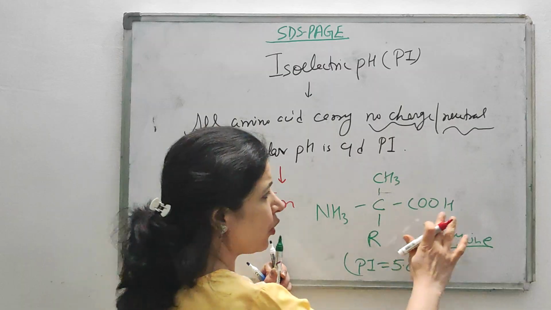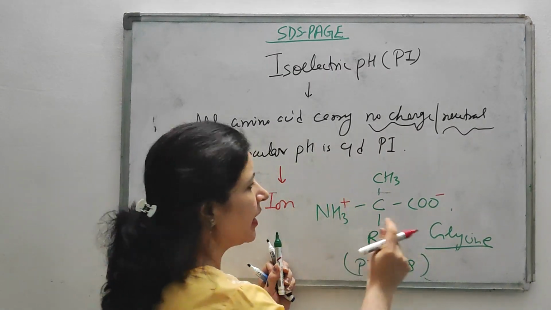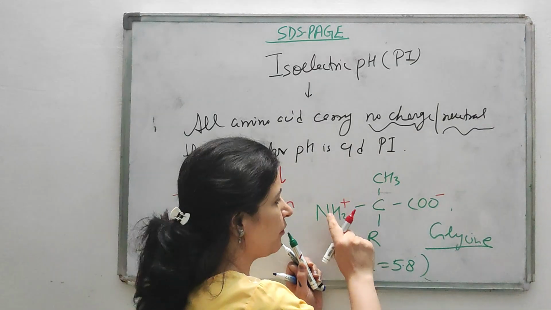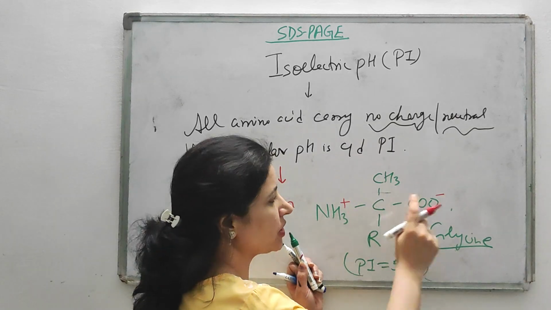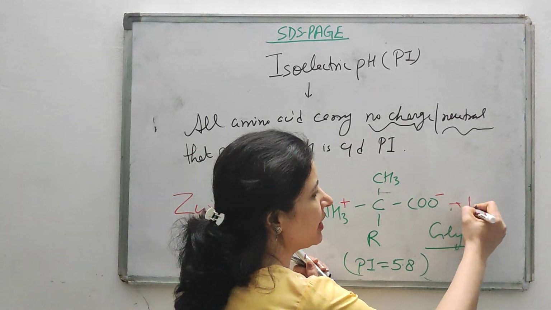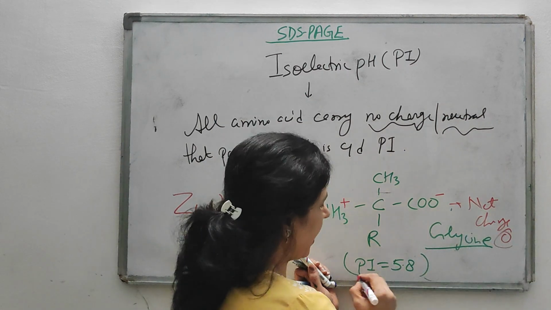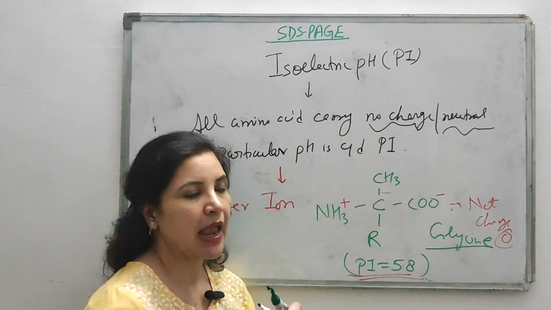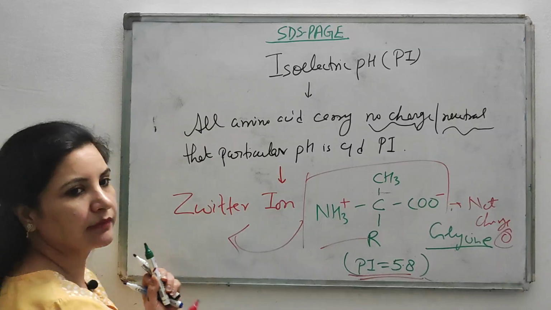What does no net charge mean? It means it carries equal positive and equal negative charge. Being equal positive and negative charges, these charges cancel each other, so the net charge on this glycine is 0 at pH 5.8. And now this exists as your zwitterion.